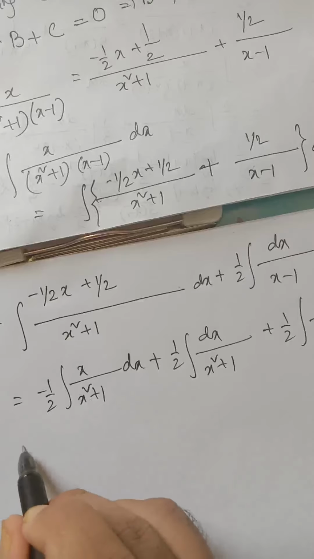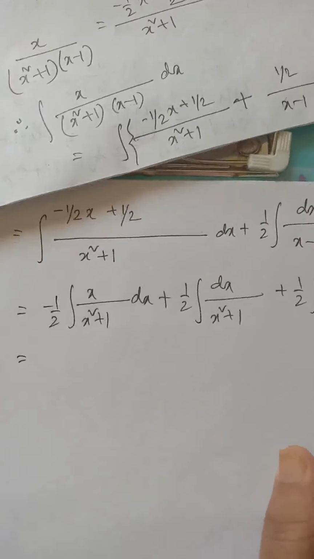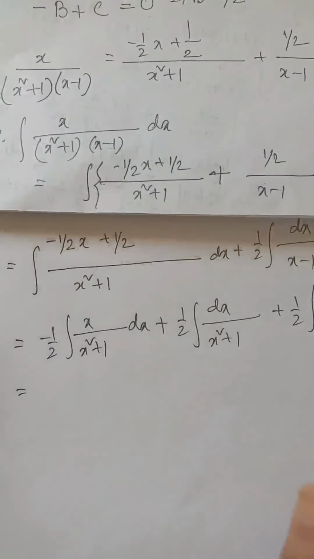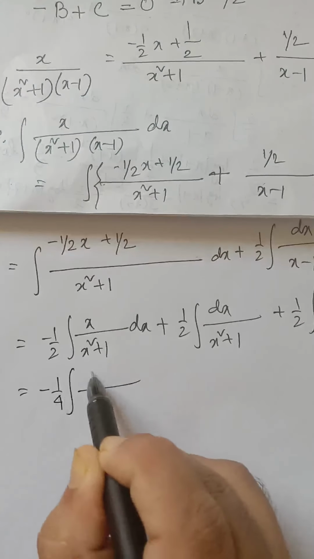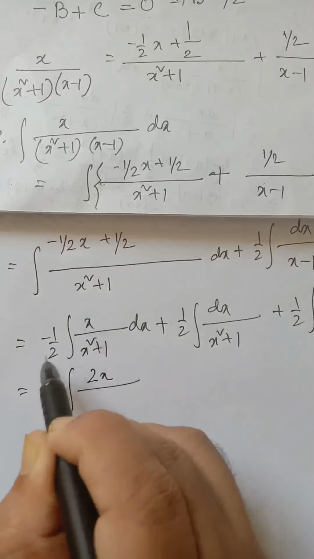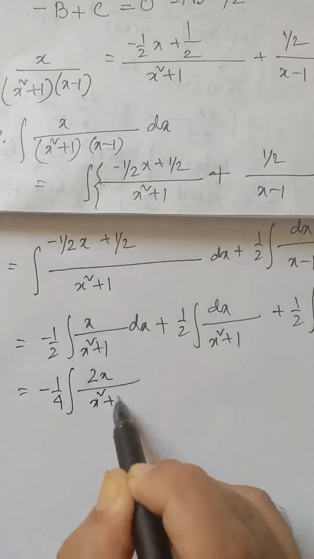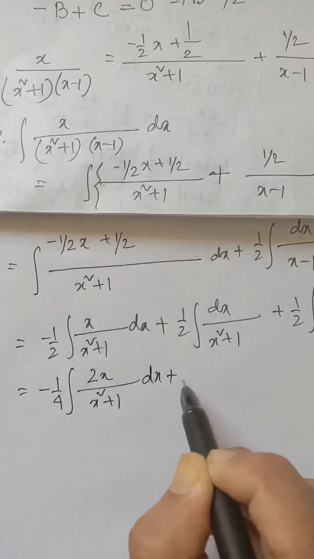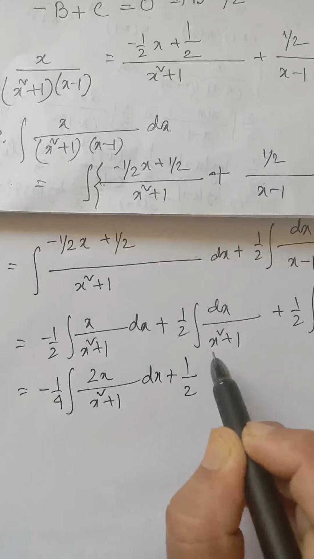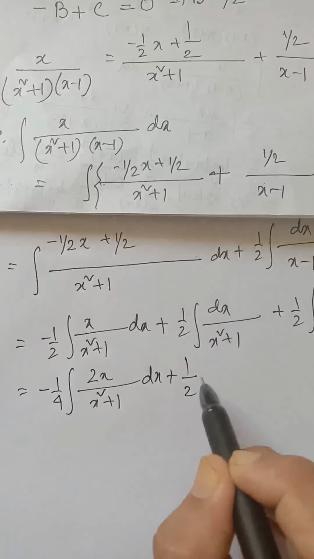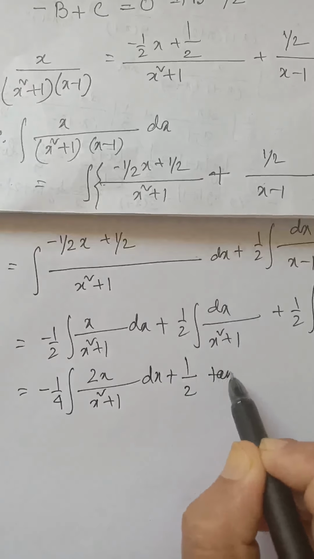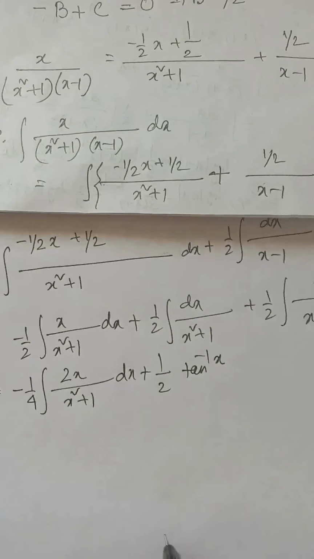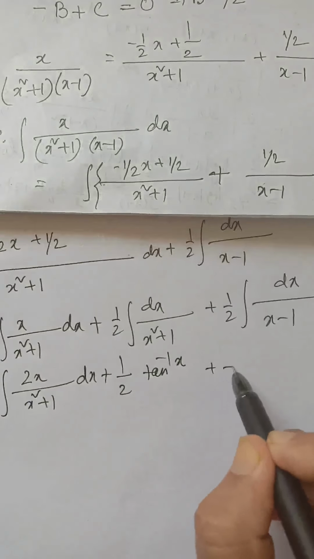For this we will write it as minus 1 by 4 into 2x, multiplying numerator and denominator by 2, plus half. This is of the form dx by x square plus a square. Its integration will be 1 by a, that is 1 by 1, tan inverse of x by 1. So tan inverse of x plus half.